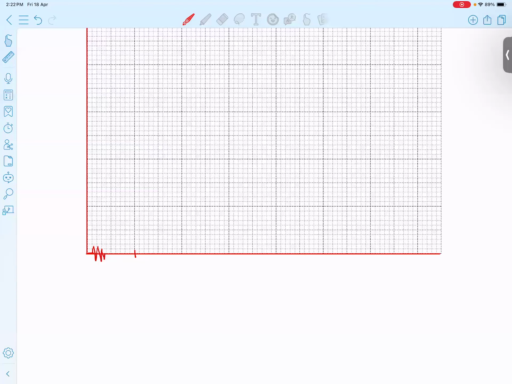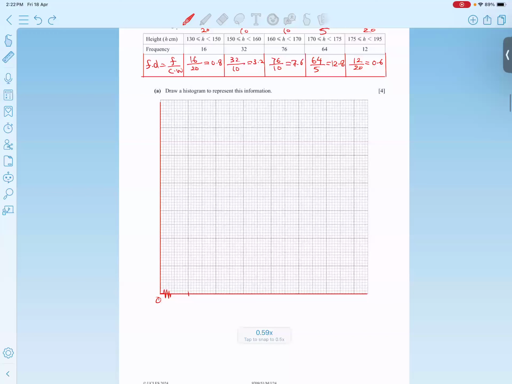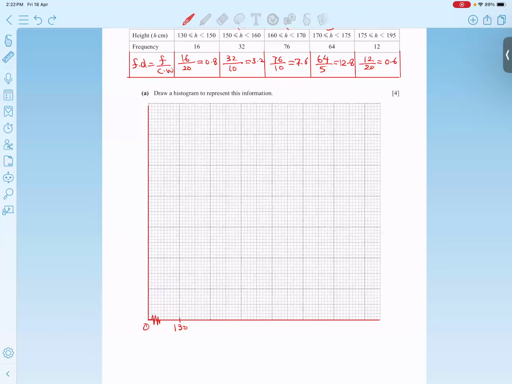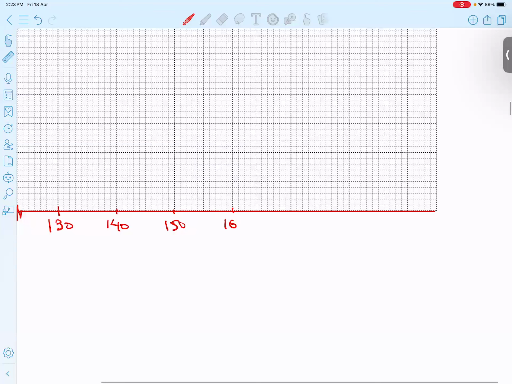So let's see now. This is 140, 150, 160, 170, 180, 190, and 195. So this is done. Now here we can write the heights in centimeter.